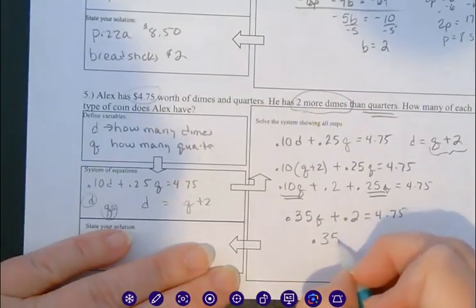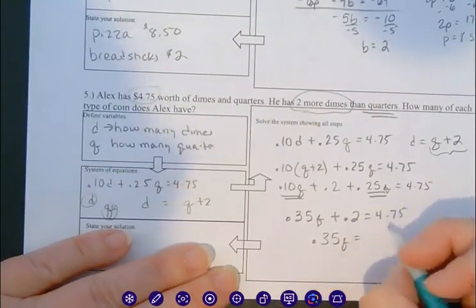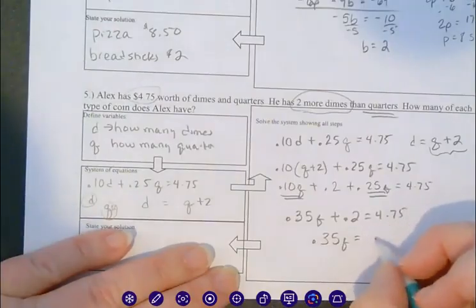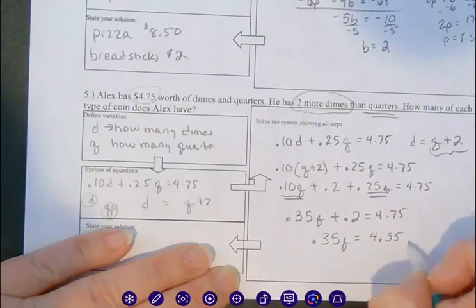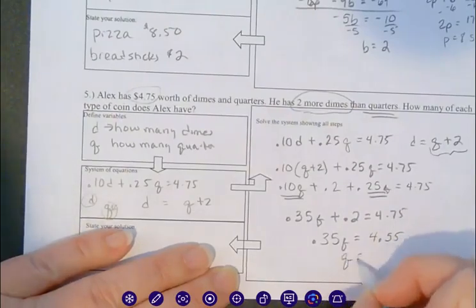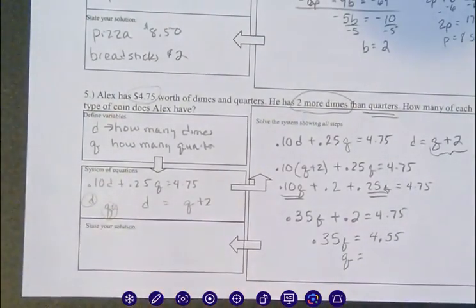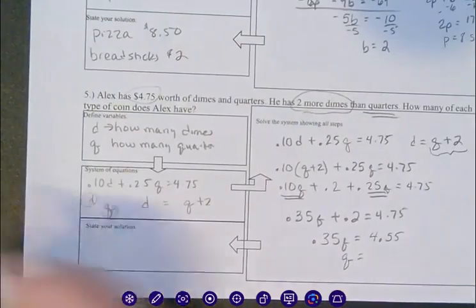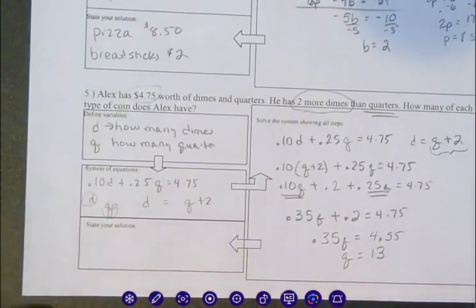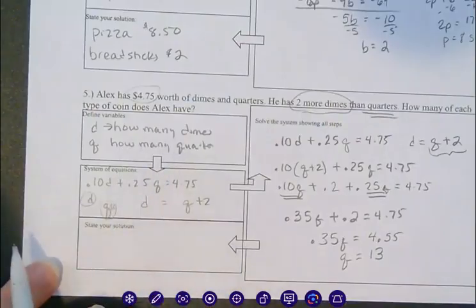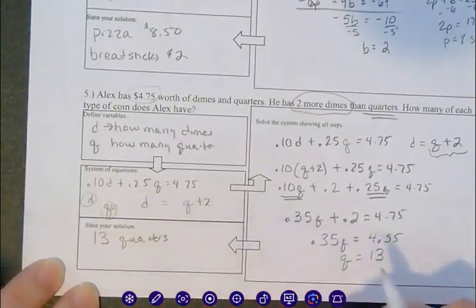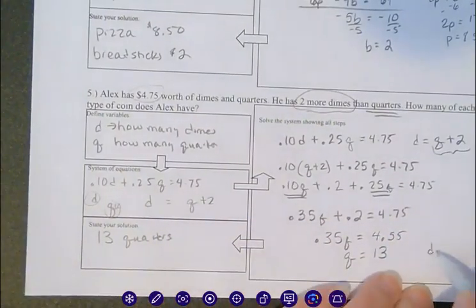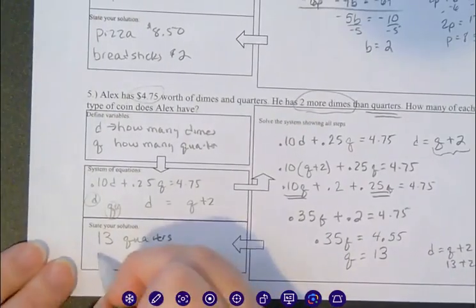So 0.35Q equals 4.75 minus 0.2, which is 4.55, and then divide both sides by 0.35, and I get Q is 13. And since Q represented how many quarters, that makes sense. I have 13 quarters, and I had D is Q plus 2, so since there are 13 quarters, there must be 15 dimes.